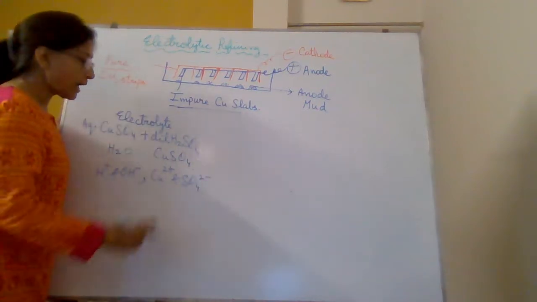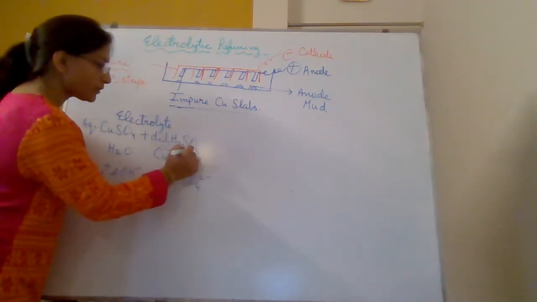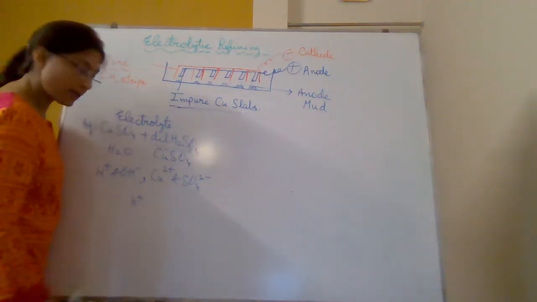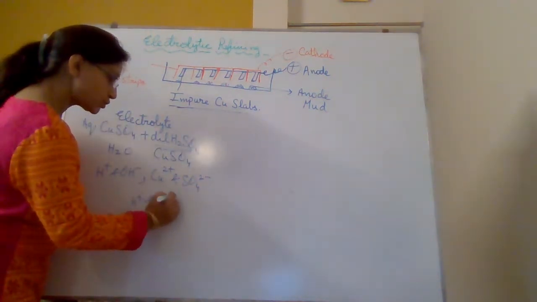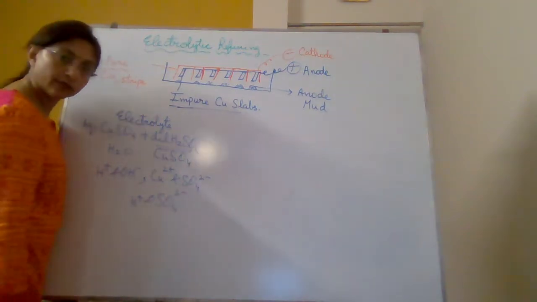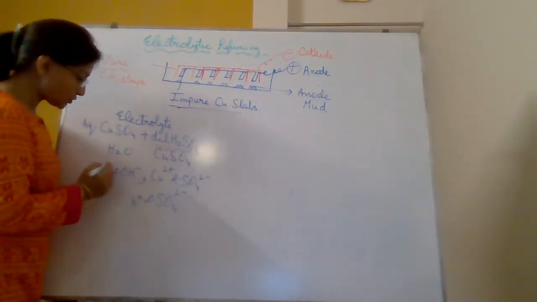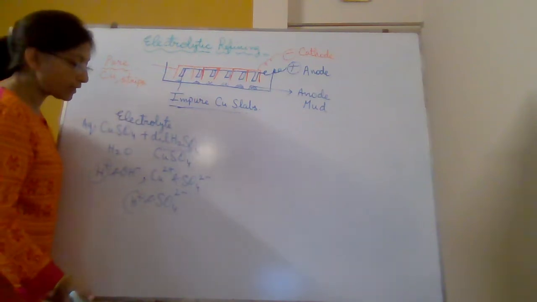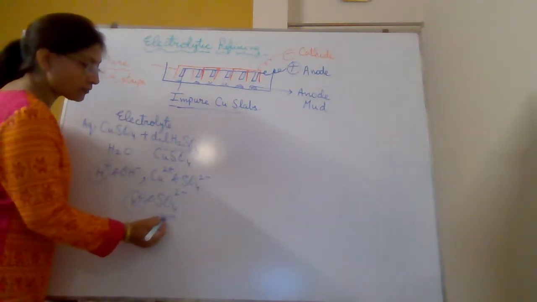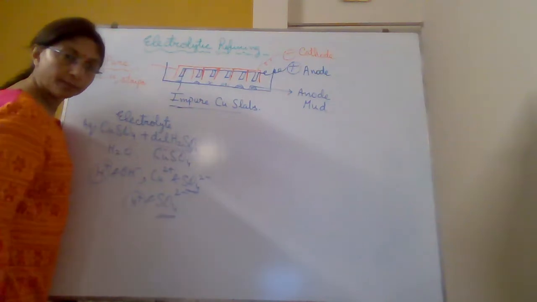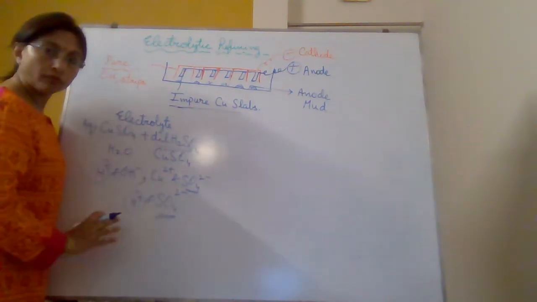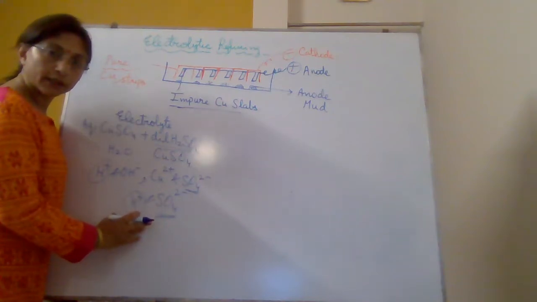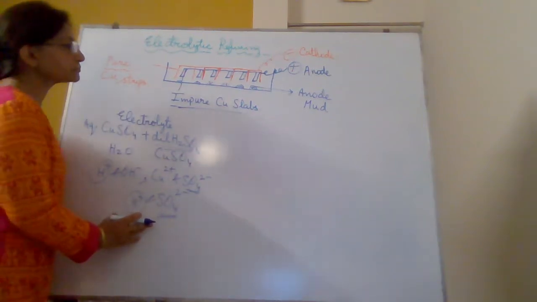And what will H2SO4 give us? It will give us H+ and SO4 2-. So it is going to produce these ions, and no new ion type is produced, only more sulfate ions. So the total number of ions is increased, and therefore obviously the conductivity will increase.